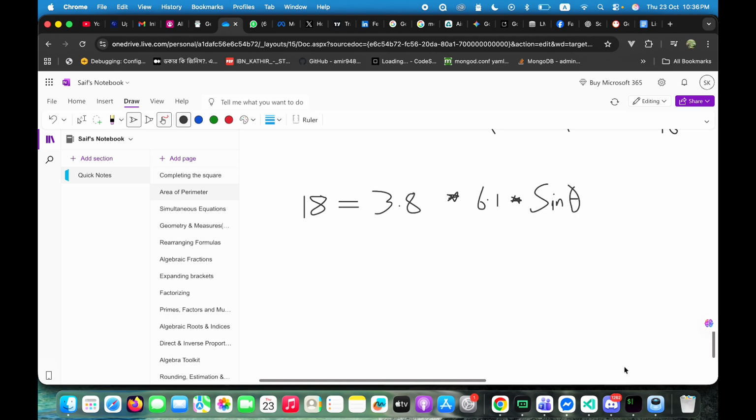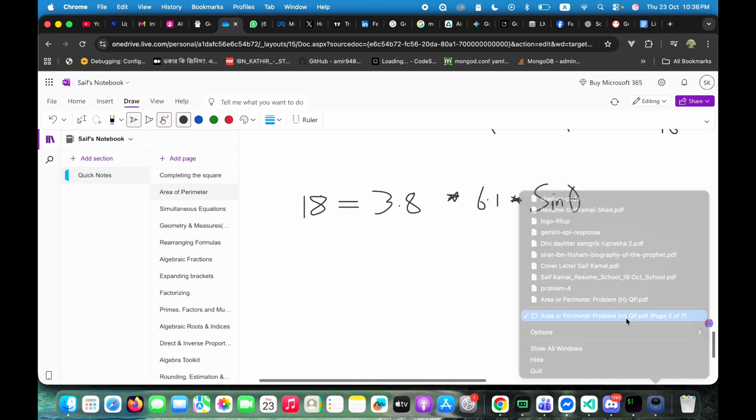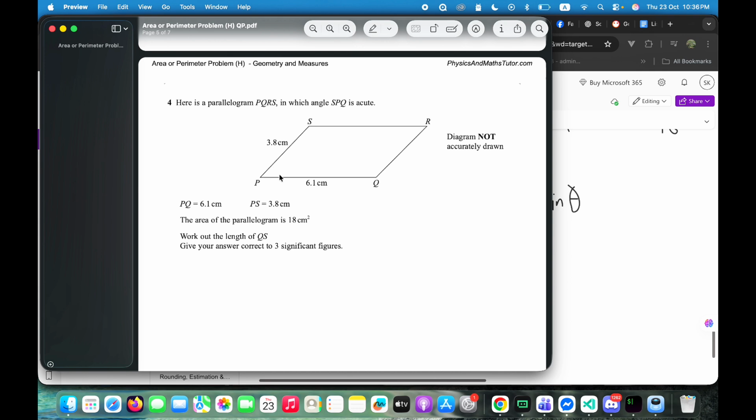Theta here is the acute angle. This angle is theta that I assumed. So we have to find this angle theta.